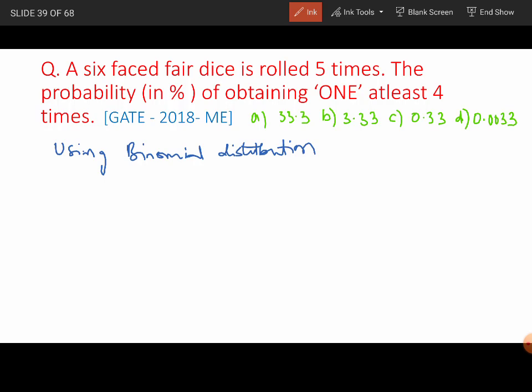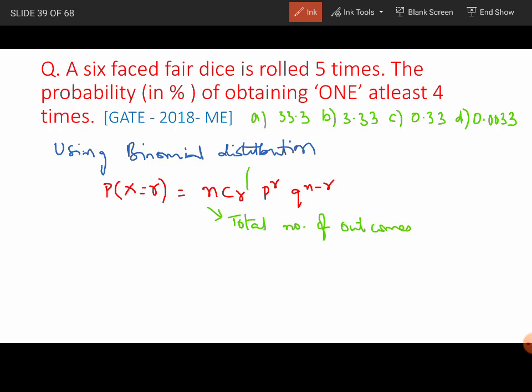So this is like P at x is equal to R is equal to NCR P power R Q power n minus R. N is the total number of outcomes. R is the required number of outcomes.